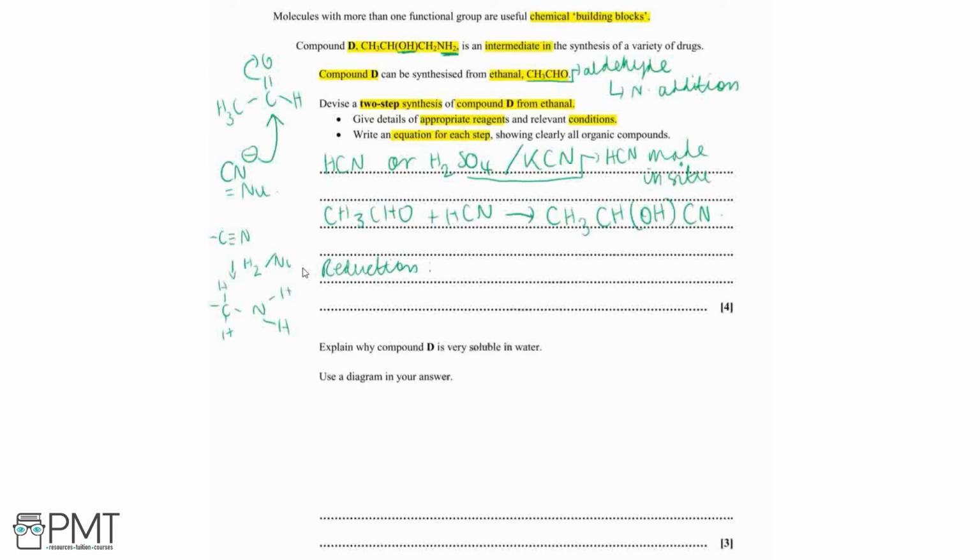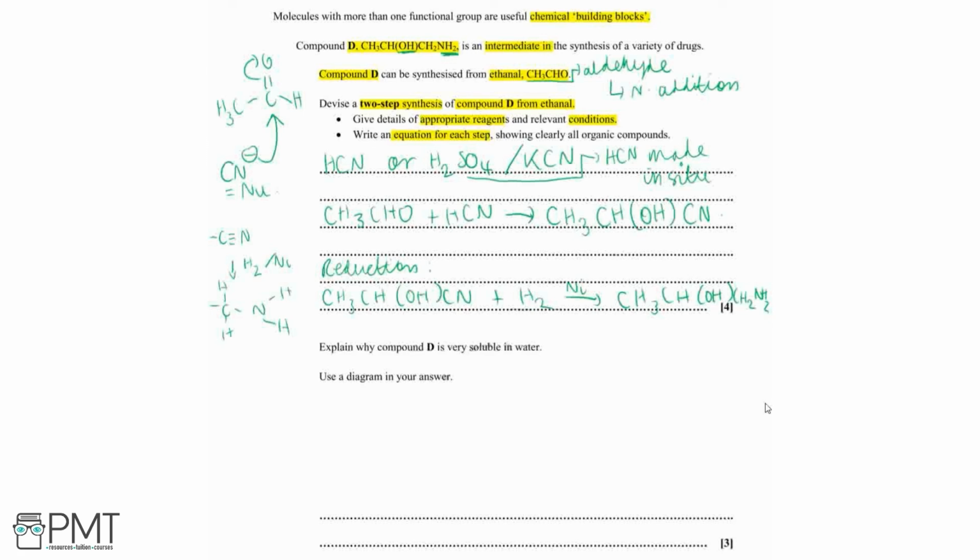So the equation will be our intermediate of the same structure we drew out above, like so, adding in our hydrogen, our nickel catalyst over the top there, and then we produce our compound D overall for this one, like so.